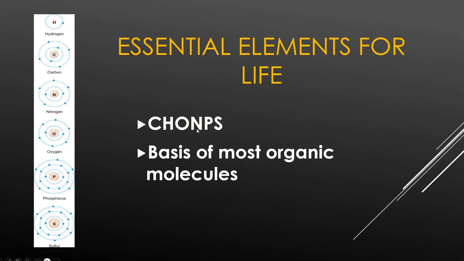And then nitrogen is also extremely important. Phosphorus, and sulfur. So I want you to keep these elements in the back of your mind as we talk about these different types of molecules and look for which ones have nitrogen, which one has phosphorus, which one has oxygen within it. And over on the left-hand side, we've got the structure of each of these so you can see how many electrons are present within the electron shells for each one of these molecules.